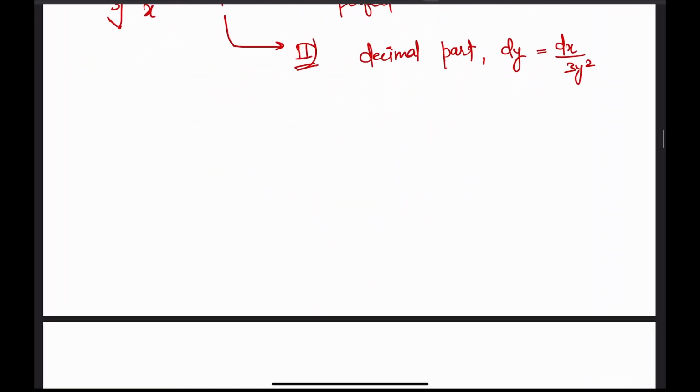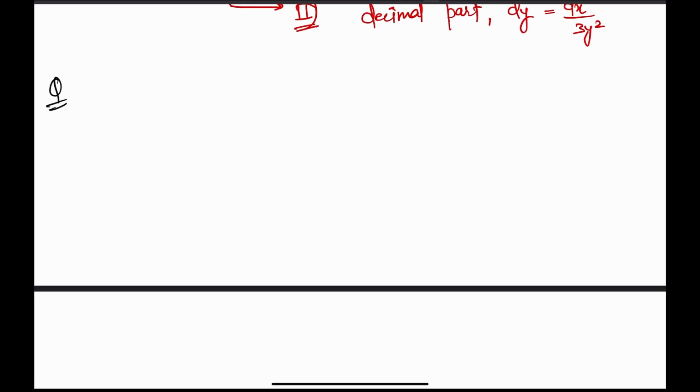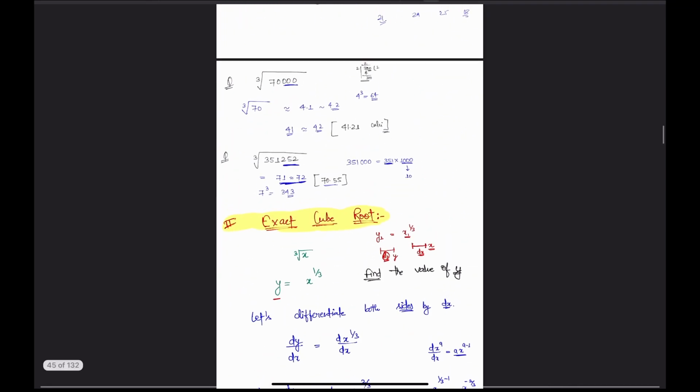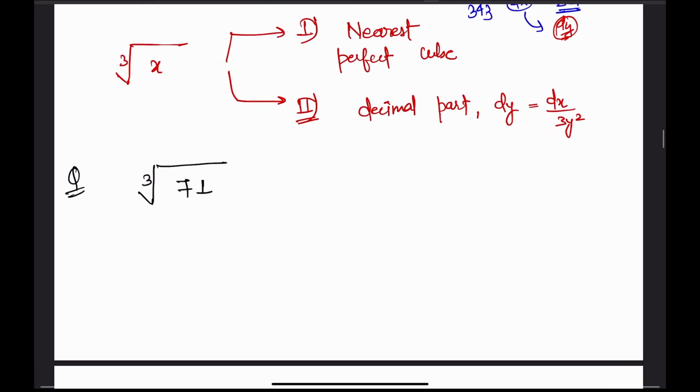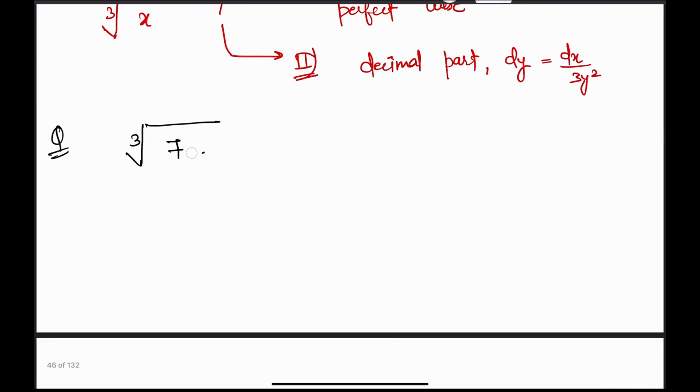Okay, so let's take the same example. In the beginning we were doing 71. Let's take 70,000, something we took in the beginning. Yeah, we can take 70,000 also. Let's take the value of 70,000 and see how near we can approach this question.